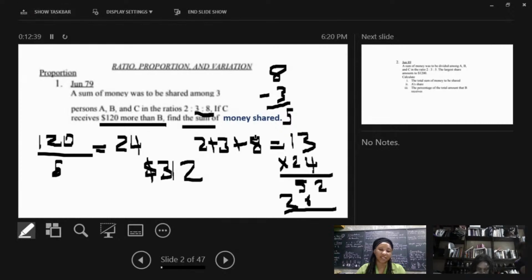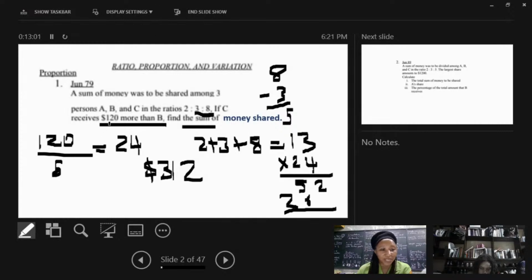So let's go over that again. The crucial thing we need to find is the unit value of the ratio, what one part of the ratio is worth. They didn't tell us what any of the persons got, but they told us a relationship. They told us what the difference was.